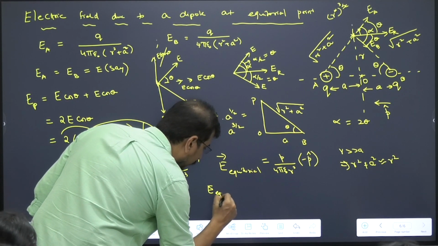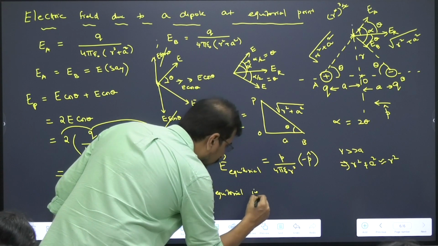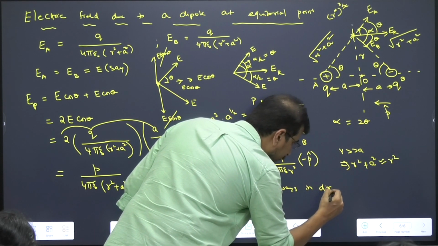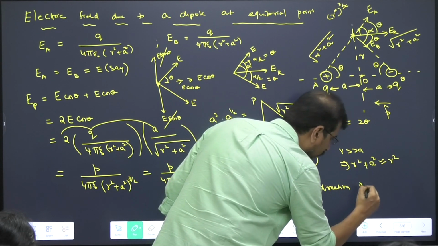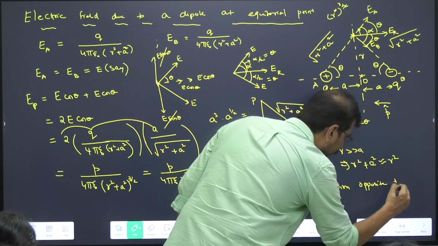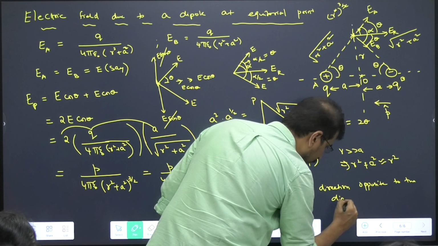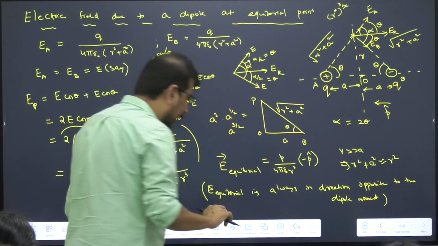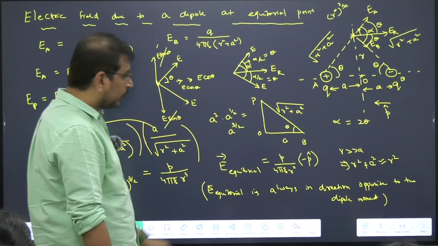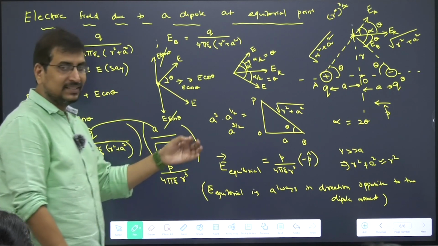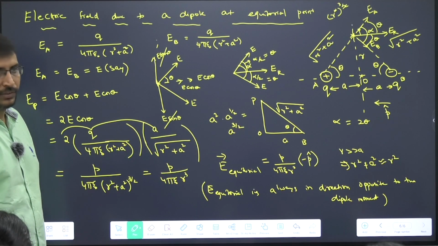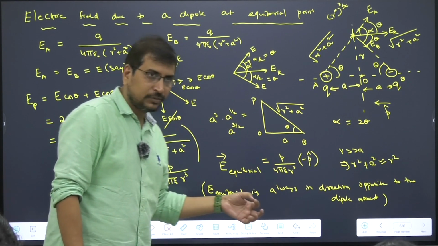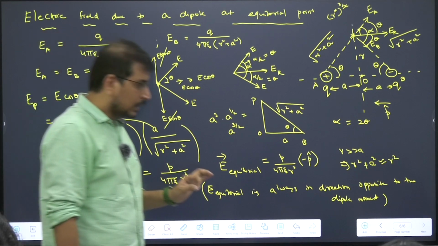So E equatorial is always in direction opposite to the dipole moment. And if you look at the magnitude, this is exactly half of what we saw in the previous case. In the previous case, it was 2p divided by 4 pi epsilon naught r cube, whereas here it is p divided by 4 pi epsilon naught r cube.